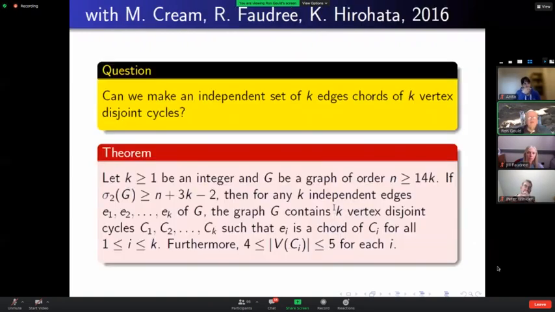With Cream, Faudree, and Hirohata in 2016, we looked at this question, and we were able to show for n big enough and sigma 2 at least n plus 3k minus 2, then for any k independent edges in the graph, we can find k vertex disjoint cycles such that e_i is a chord of C_i for all the i's equal 1 to k. What surprised us was we were further able to show that we could make all those cycles small. They were either 4 or 5 cycles.